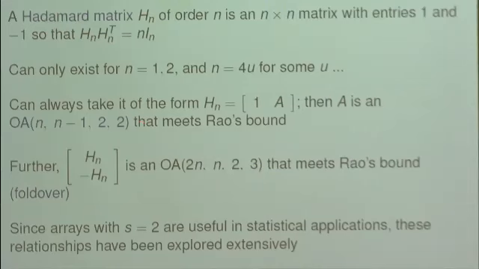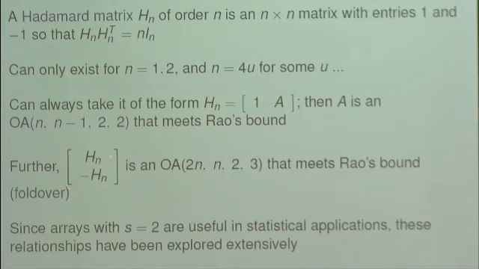Due to invariance properties, you can always write such a Hadamard matrix in this form, making the first column a column of just ones. And if you then pick what's left here, this matrix A, that's an orthogonal array of strength 2 with the maximum number of possible columns, namely n minus 1. In addition, and most people are familiar with that as well, there's a fold-over method.